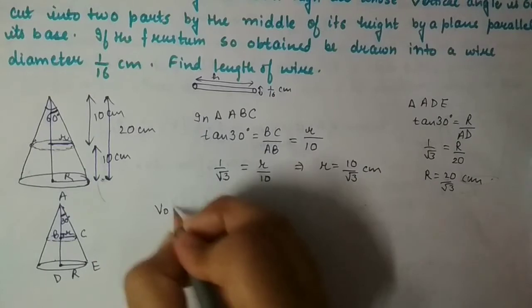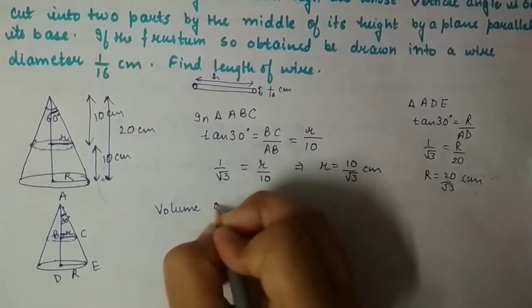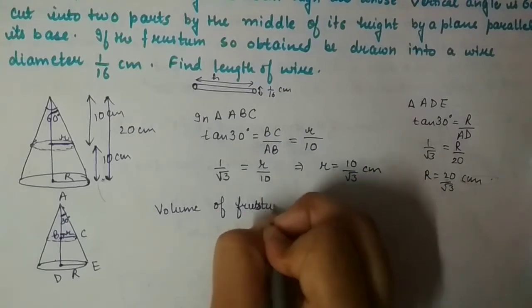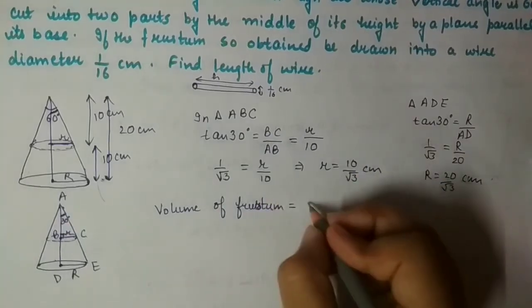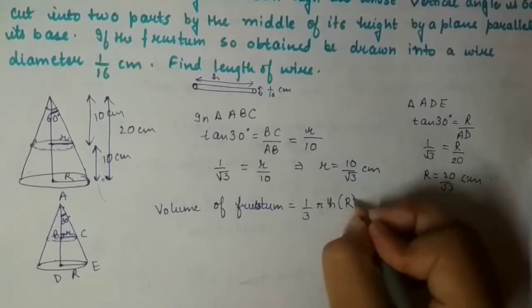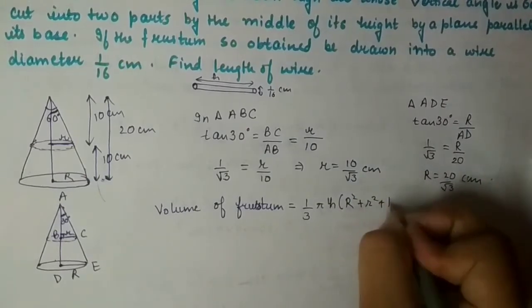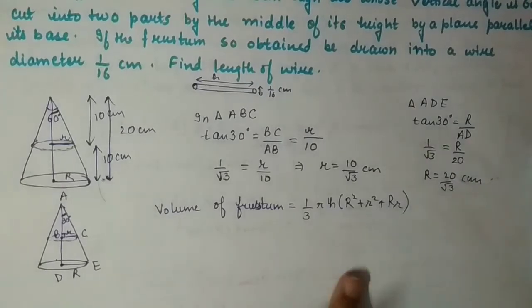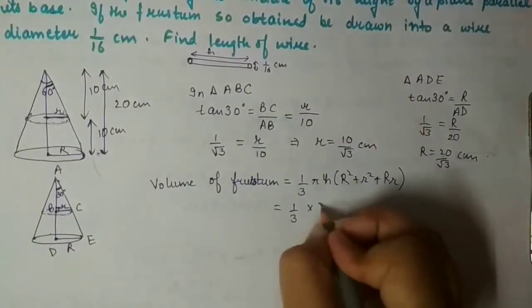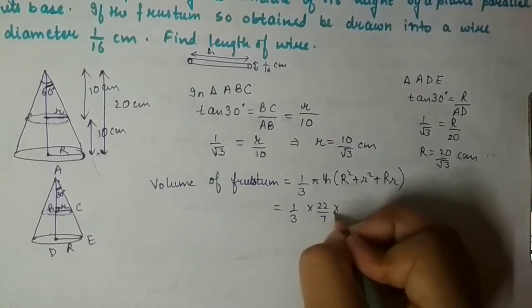So you write volume of frustum. It is given by the formula 1/3 pi h, and in bracket you have capital R square plus small r square plus capital R into small r. Now put the values. 1 by 3 into 22 by 7 into height.